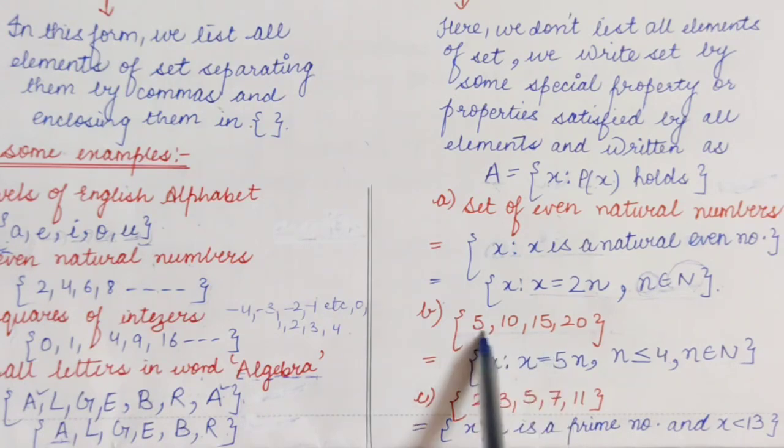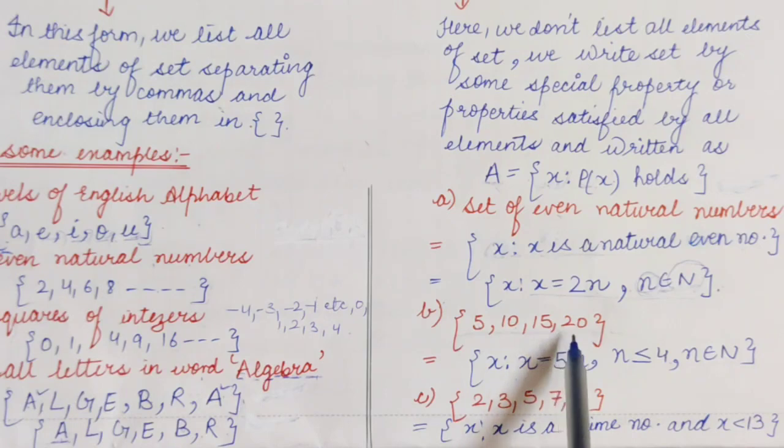I am observing here that these elements are multiples of 5, and second thing, that this is ending at 20 only. It means 5 into 4 is 20. So I have to go up to the 5 fours.